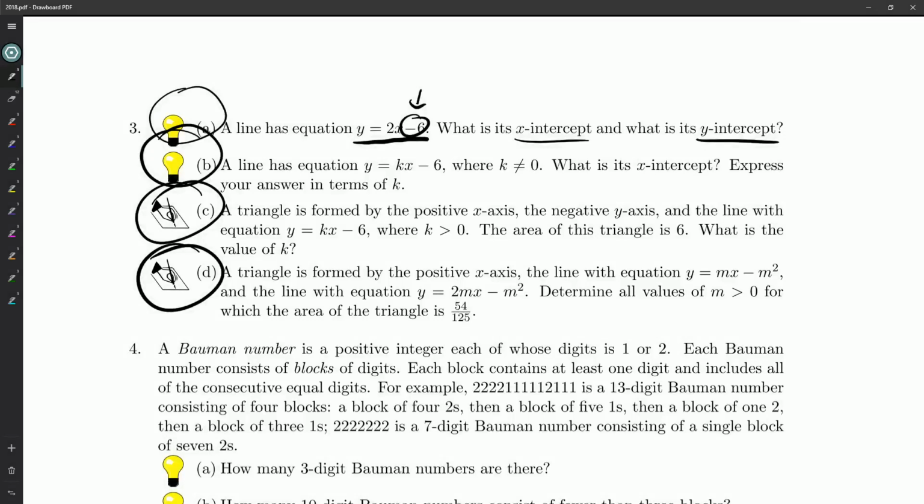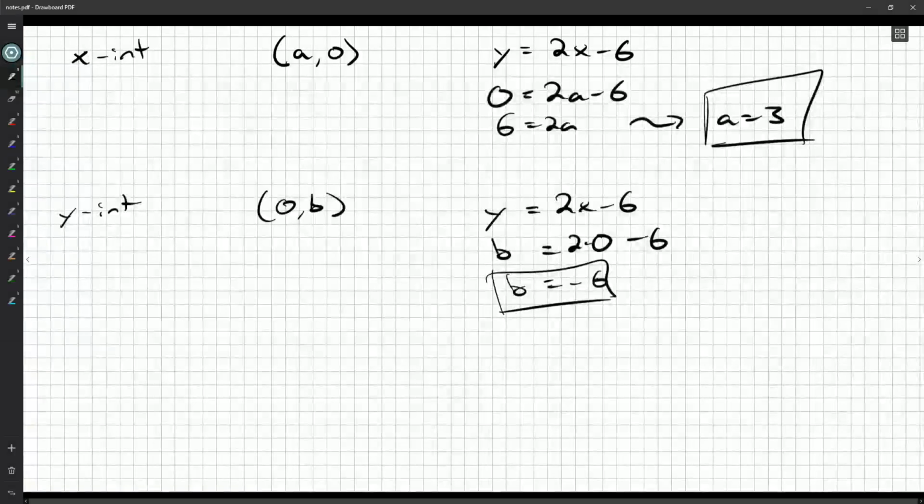All right, B part. A line has equation y equals kx minus 6. So now we don't know the slope. Where k is not 0, what is its x-intercept? Express your answer in terms of k. Okay, so we're just talking about x-intercepts. Once again, nothing particularly strenuous.